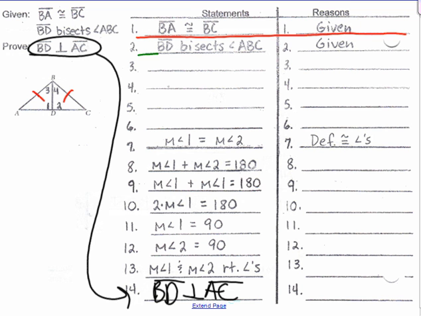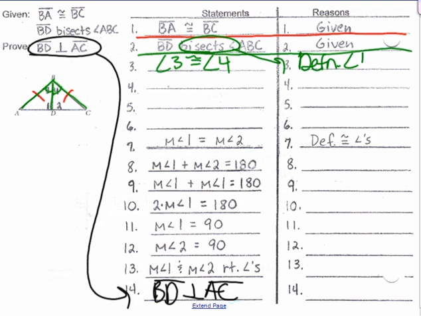Same as all the other ones. BD bisects angle ABC. Here's BD, here's ABC. So what that means is that these two angles are congruent. Angle 3 is congruent to angle 4 by the definition of an angle bisector.